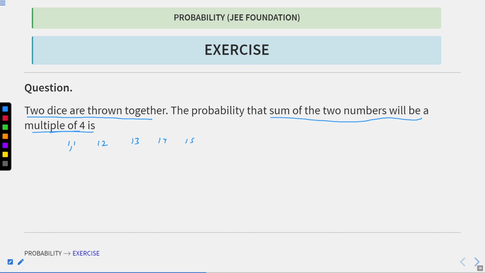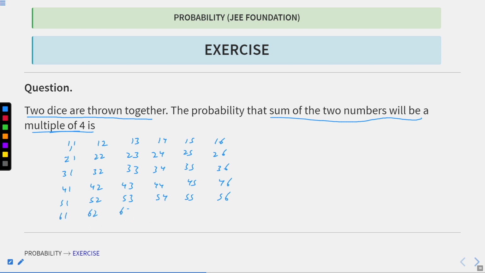So 1 4, 1 5, 1 6, 2 1, 2 2, 2 3, 2 4, 2 5, 2 6, 3 1, 3 2, 3 3, 3 4, 3 5, 3 6, 4 1, 4 2, 4 3, 4 4, 4 5, 4 6, 5 1, 5 2, 5 3, 5 4, 5 5, 5 6, and 6 1, 6 2, 6 3, 6 4, 6 5, and 6 6. This is my whole sample space.